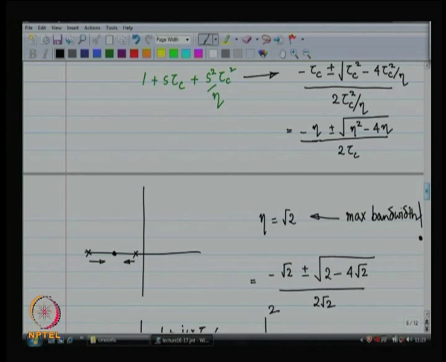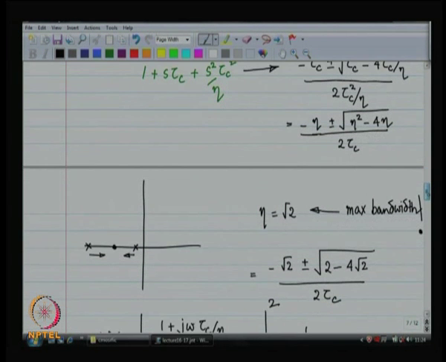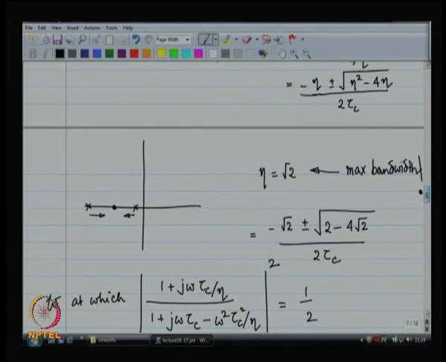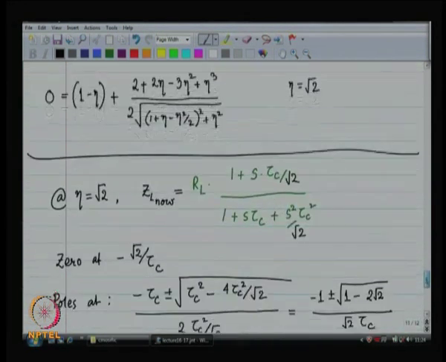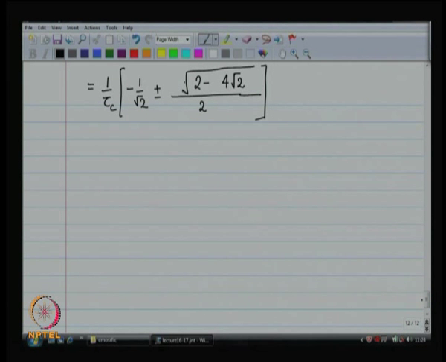I would believe that there was a mistake in the previous result. This should not have been 2 times root 2, this should have been 2 times tau c, which tau c also I inadvertently substituted by root 2, you did not catch it. Okay. So, anyway, these are the locations of the 2 poles.